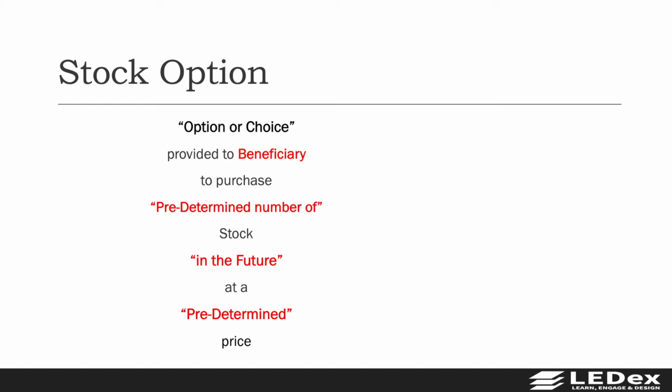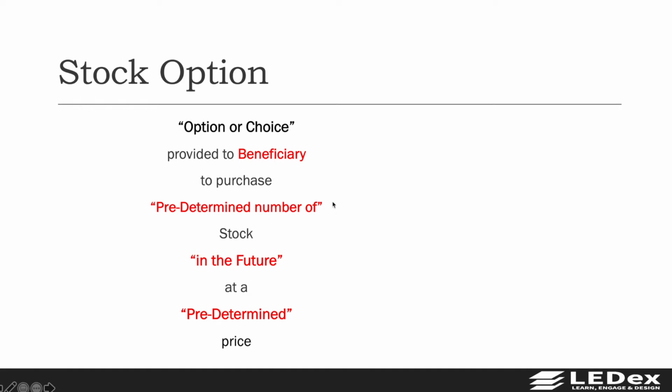Let's begin with stock options. Now, what is a stock option? As the term suggests, it is an option or a choice. It's an option or a choice provided to a beneficiary to purchase a predetermined number of stock in the future at a predetermined price.